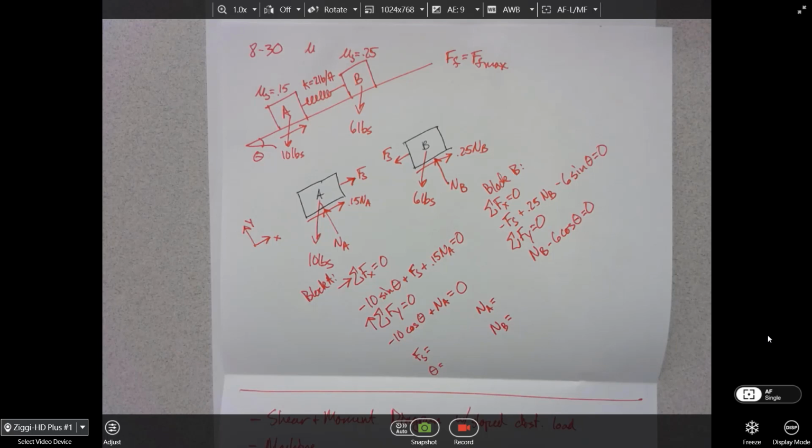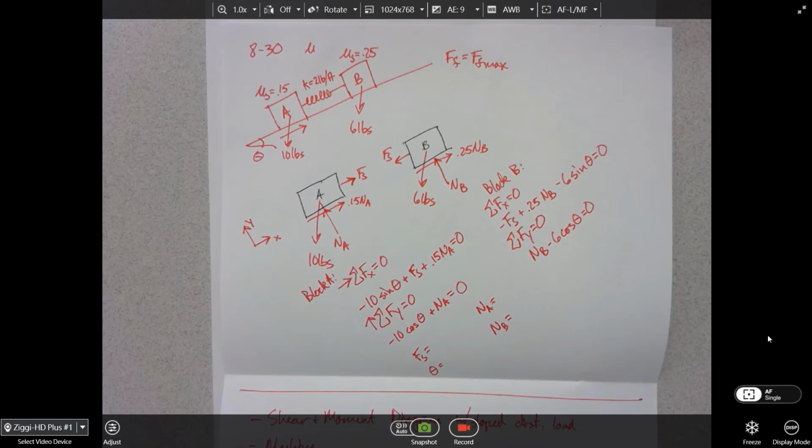Do you want to assume that the spring is in tension or in compression? I'm going to go with tension as well. I think it's pulling on B. So we'll put F spring in this direction. At B, then, we have the force of the spring pulling it down.